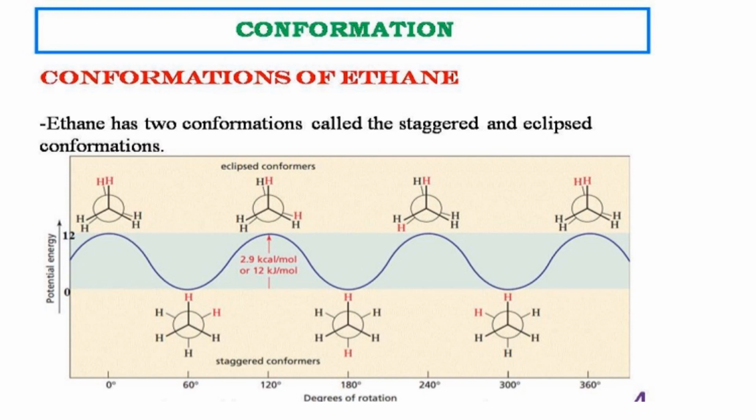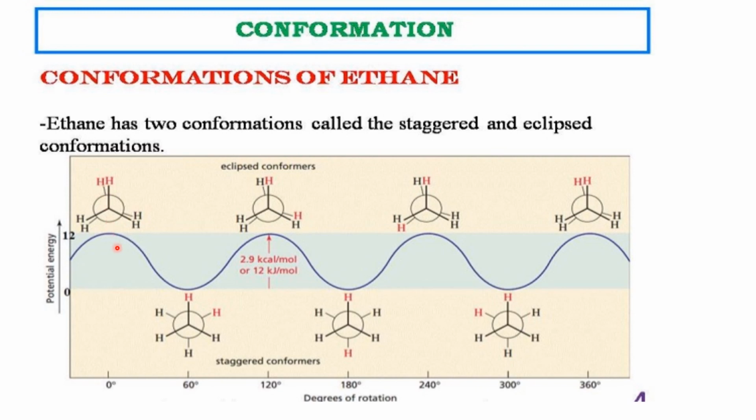Now see here, I have the different conformations of ethane. I am taking the first conformation here. This is an eclipsed conformation. So I label the hydrogen atoms with the same color here. This is the first hydrogen atom of the first carbon atom and this is the first hydrogen atom of the second carbon atom, and they lie in the same plane.